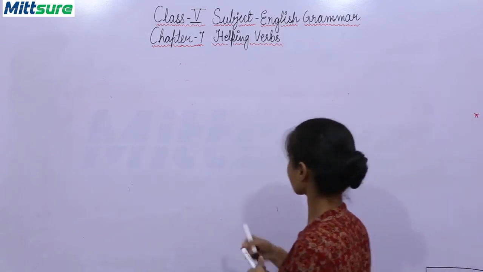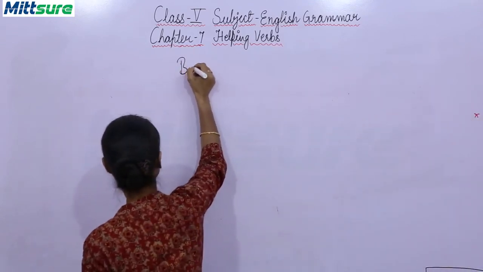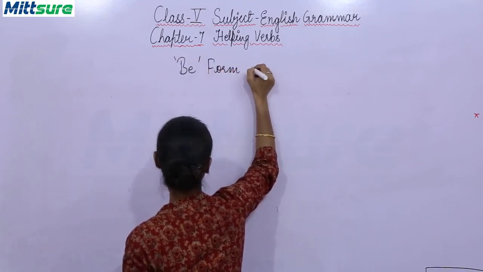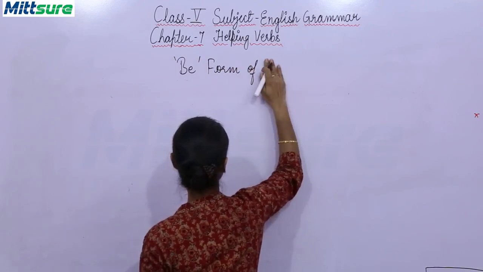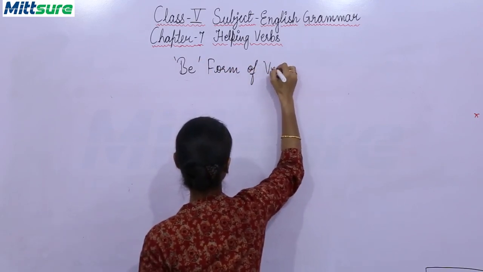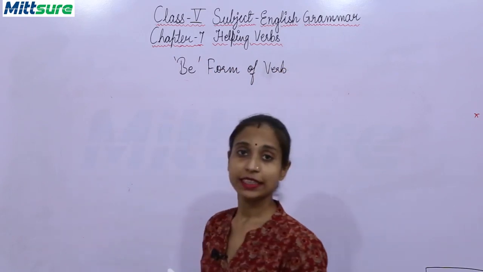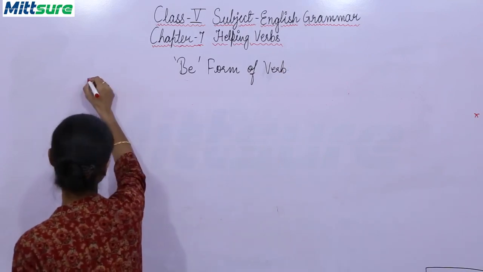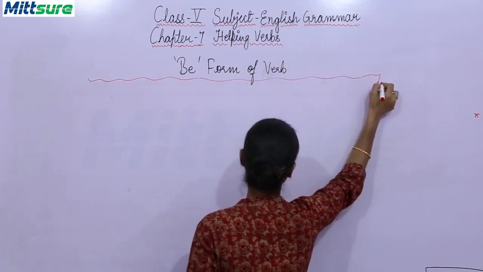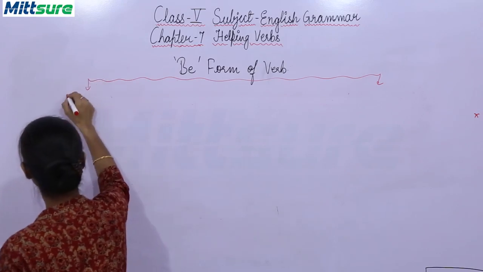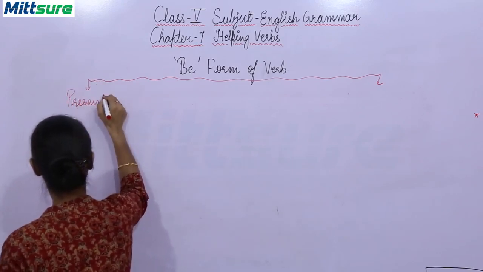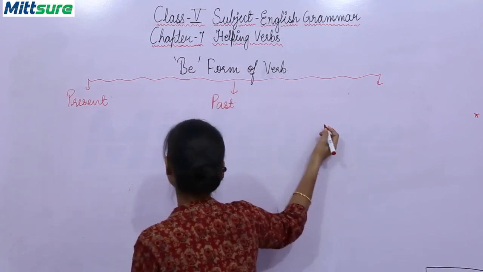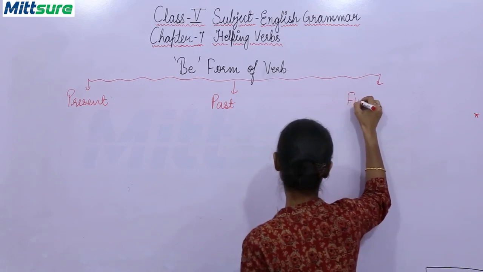Be form of verb. Let us divide this be form of verb into 3 tenses, that is, first one is present tense, second one is past tense, and the third one is future tense.